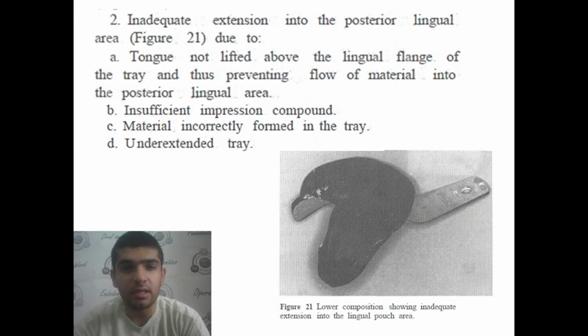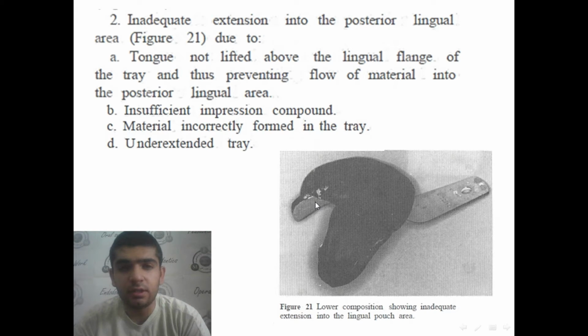The second is inadequate extension into the posterior lingual area. As you can see in the picture here, lower composition showing inadequate extension into the lingual area. This is deficiency here and here. What can cause this?